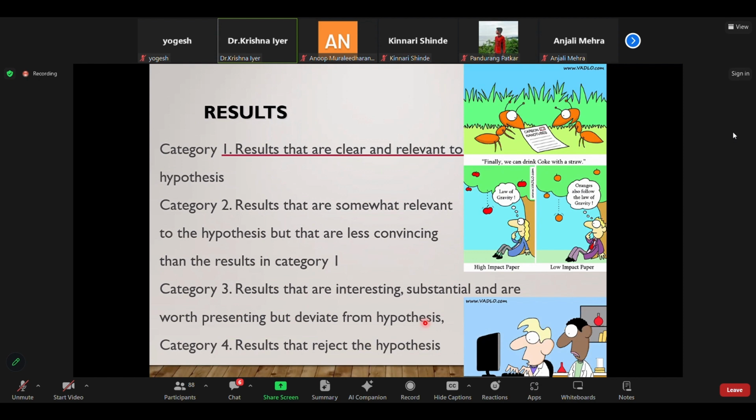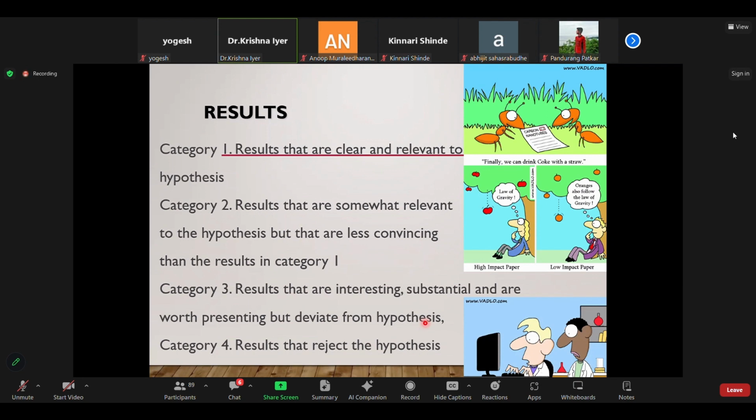The third type of results are sometimes results that you generate using some hypothesis in mind, but the results themselves are indicative of a deviation from that hypothesis, maybe requiring you to modify the hypothesis or restate it slightly differently. And that might happen.